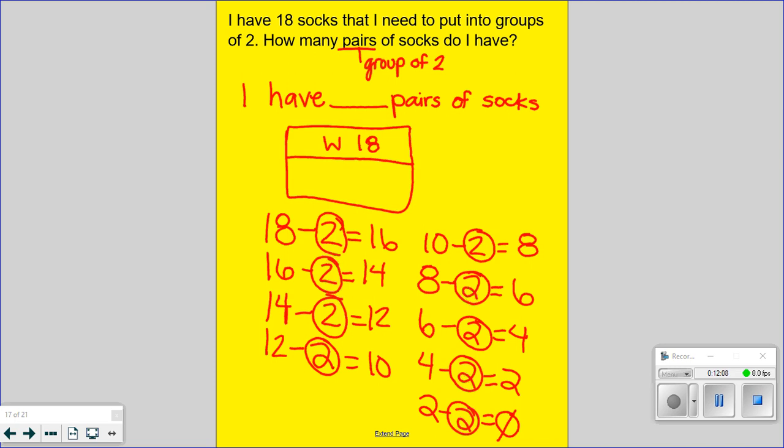If I wanted to make it a division equation, how would I do that? What division equation matches what we just did? Zach, you want to give it a go? 18 divided by.